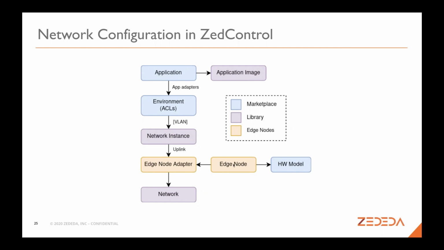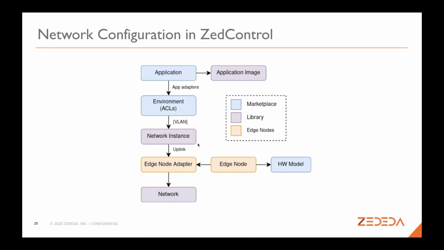Under the edge node, this model gives you a list of edge node adapters. And when creating the edge node, you put the edge node adapters into the corresponding networks to which they are connected. Now, when you have this, you basically have your prepared configuration for your device.